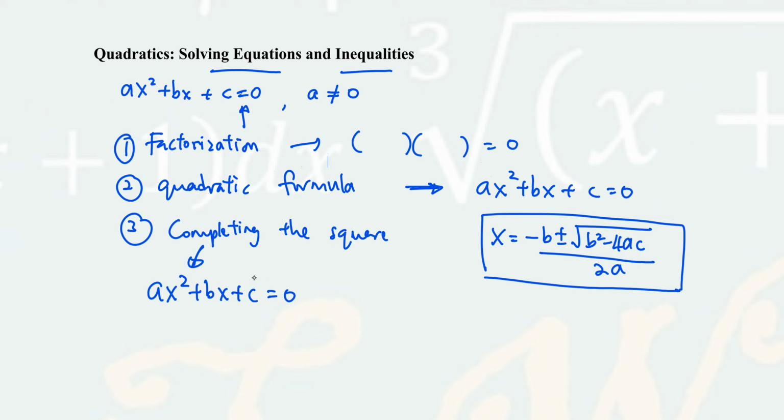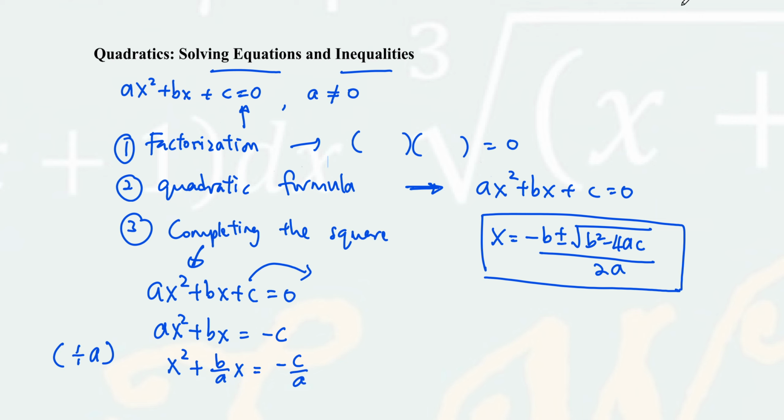First of all, we need to move the plus c to the other side, which means you will be getting ax squared plus bx equals to minus c, and then followed by dividing the whole equation by the coefficient of x squared, which is the a here. When you divide, the two terms on the left side become x squared plus b over a x, and the right side becomes minus c over a.